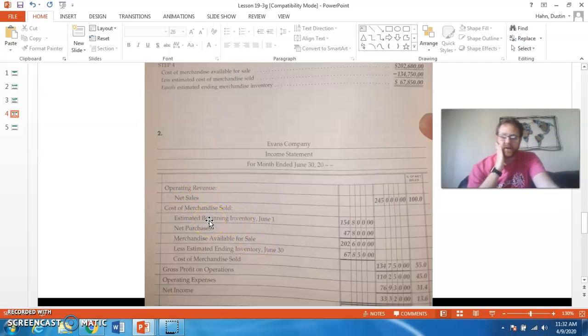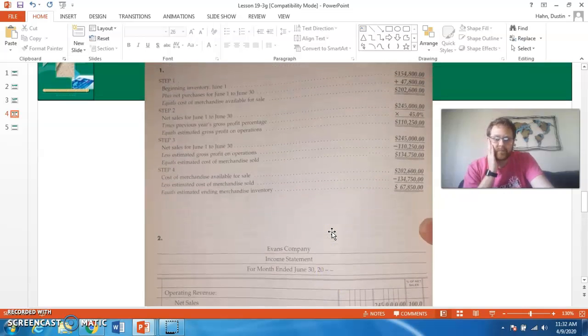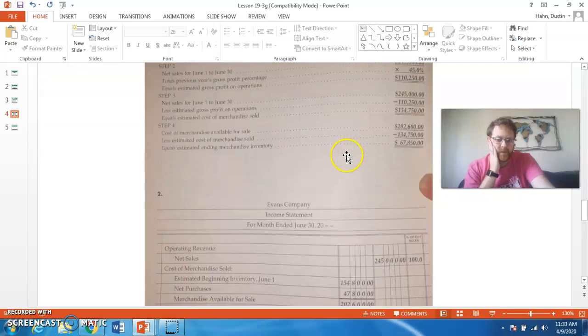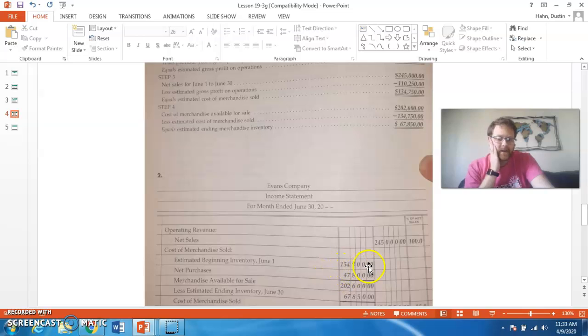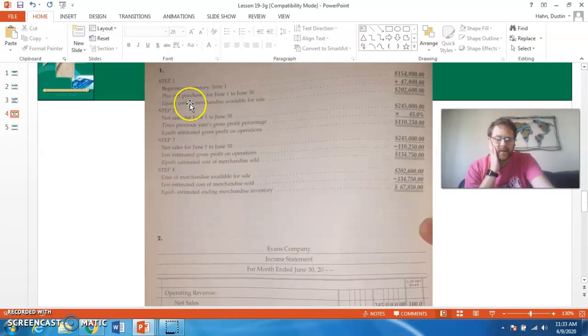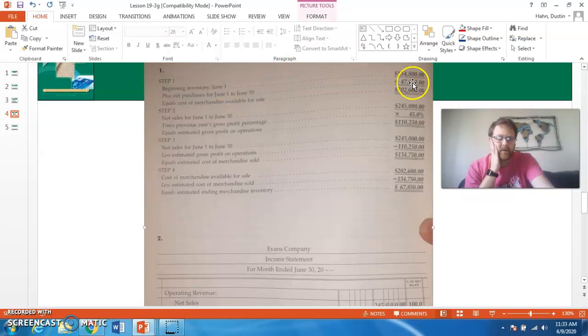My cost of merchandise sold. Estimated beginning inventory of June 1st. Here is beginning inventory of June 1st, way up here in step 1 of 154.8. Bring that 154.8 down, and then your net purchases of 47.8. Here's your net purchases for June 1 through June 30th of 47.8.